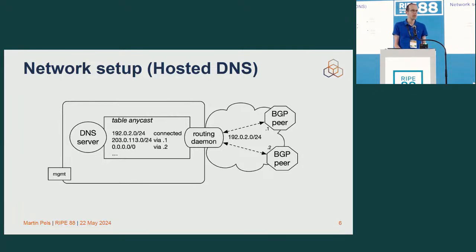And each server obviously has a DNS server application, but it also runs a routing daemon that talks BGP to an ISP or to participants on an IXP. And the routing daemon has its own routing table with our Anycast prefixes that we advertise to the world, and the connected peering LANs and the routes that they receive from the BGP speakers.